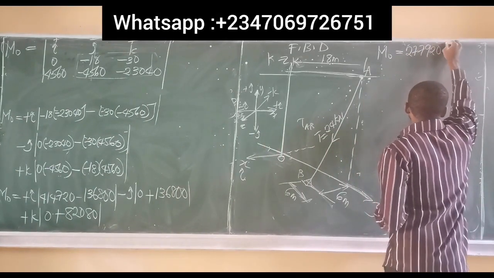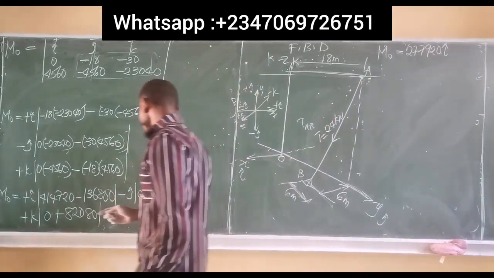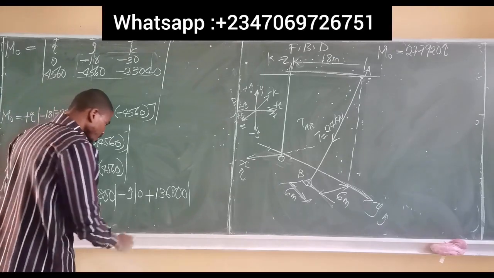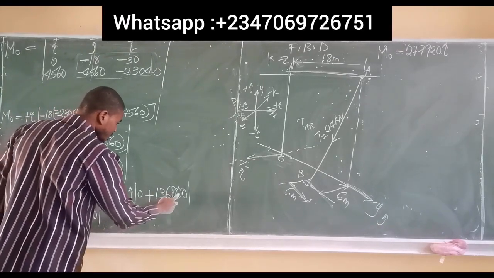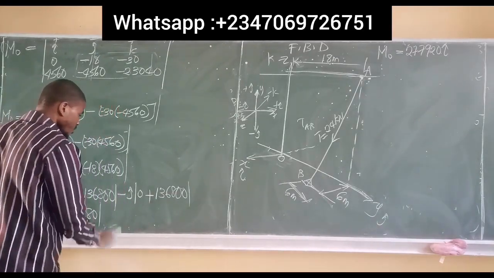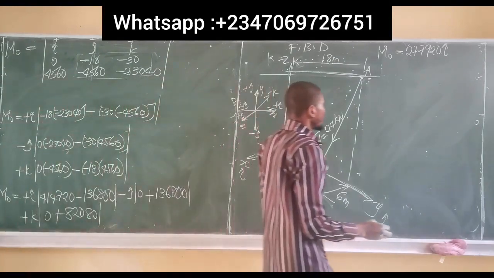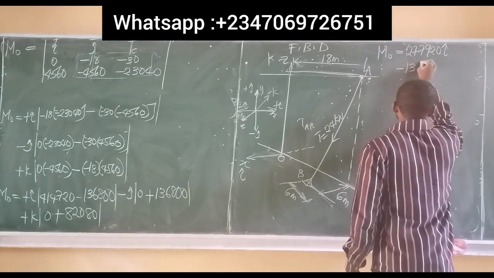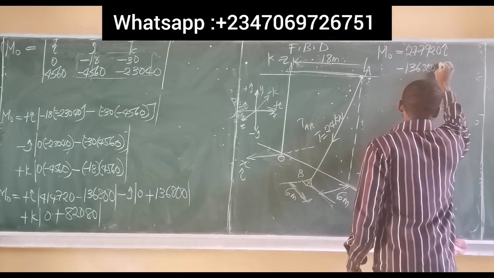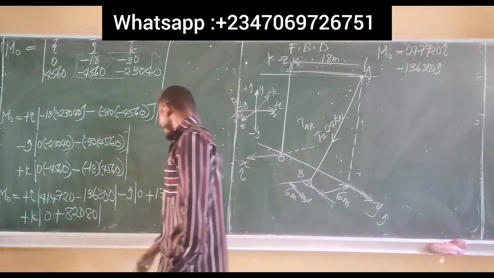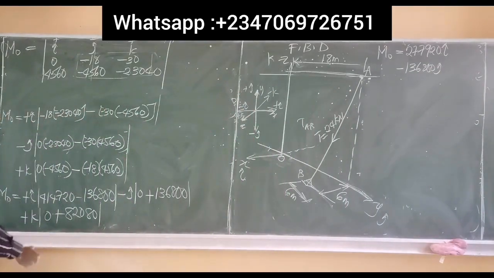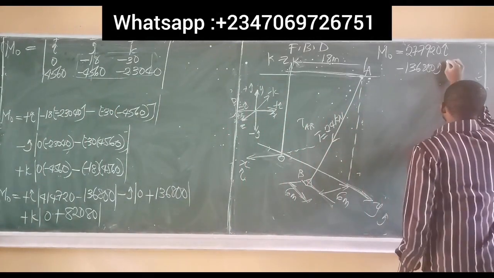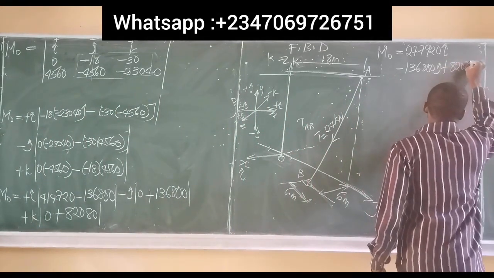Remember, this is in the I direction, not forgetting, this is multiplying by I. Next is minus J. So 0 plus 136,800 remains 136,800 times J. So you have minus 136,800 J. And finally for K, you also have 0 plus 82080, so plus 82080.